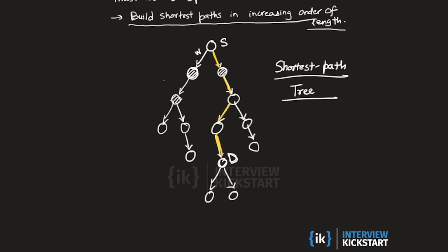But in principle we are trying to do the same thing that we did in BFS, which was to start from the source node and imagine that there is this virus, this viral infection which is spreading out from the source at a uniform rate in all directions, and each vertex is going to fall sick on a specific day, which is going to be the day that corresponds to its shortest path length from the source.